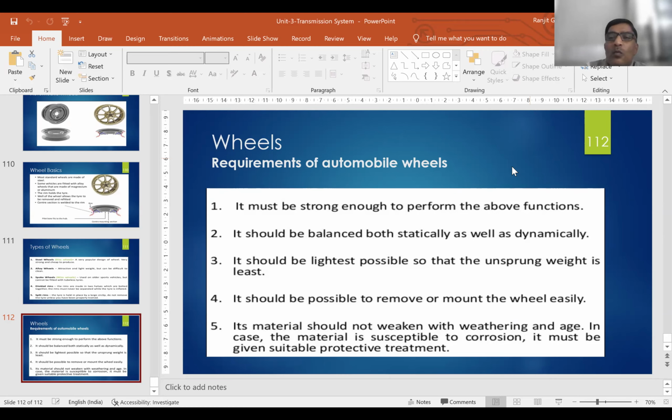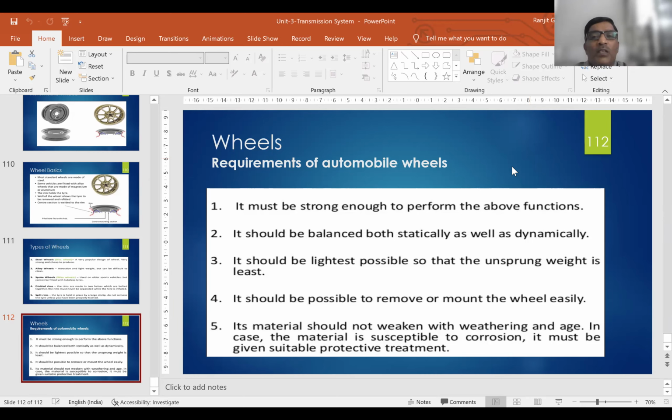So first of all, we need to understand what are the functions of the steering system. So basically, for the automobile, there are different systems which include starting system, brake system, steering system, suspension system, and other various systems.